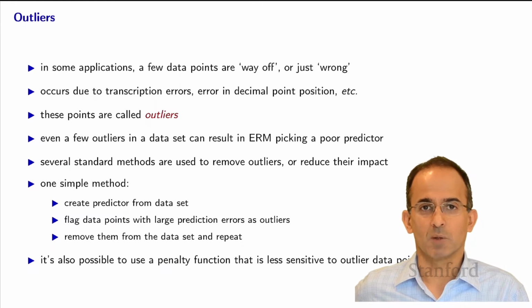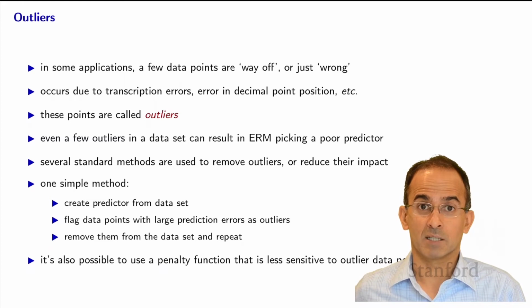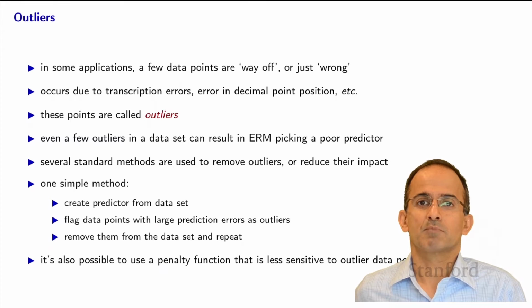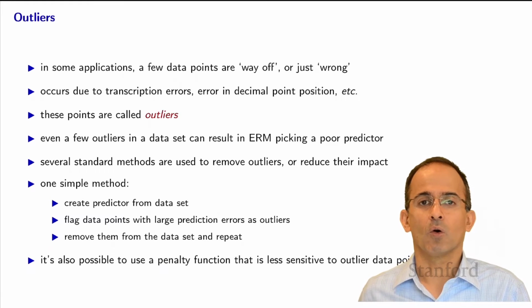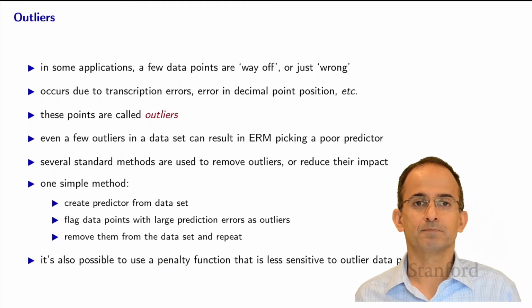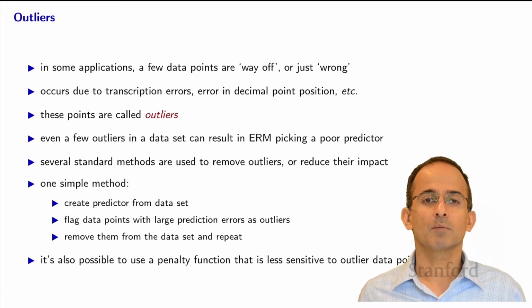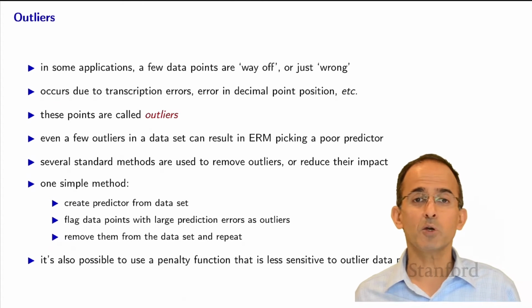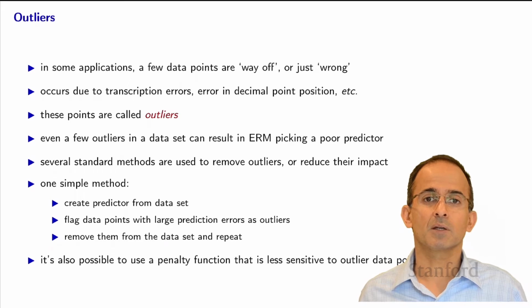There's an error in the decimal point position, or somebody just made a typo. Other times they're caused by sensor failures or various types of anomalies that occurred when the data was collected. And these points are called outliers. A consequence of having outliers, even if you've got only very few of them, is that the ERM can pick a very poor predictor.